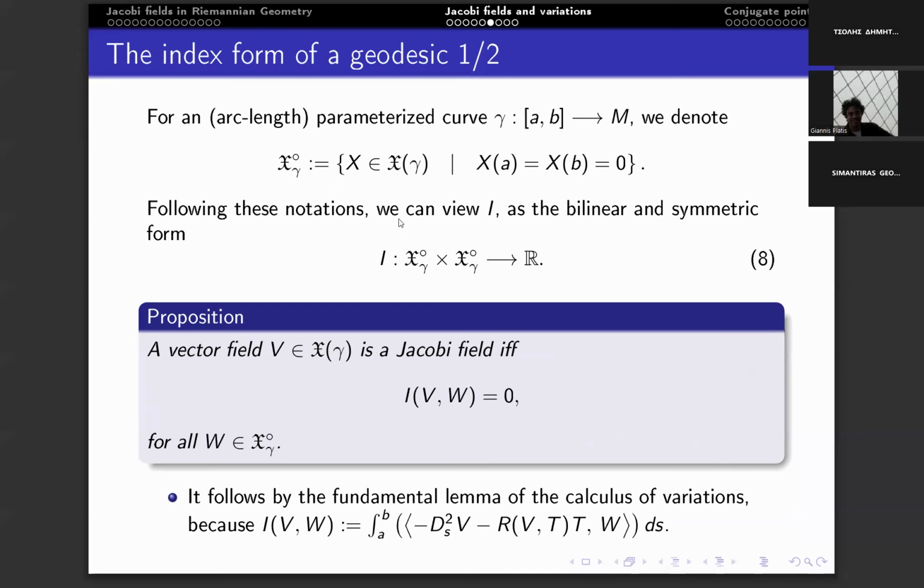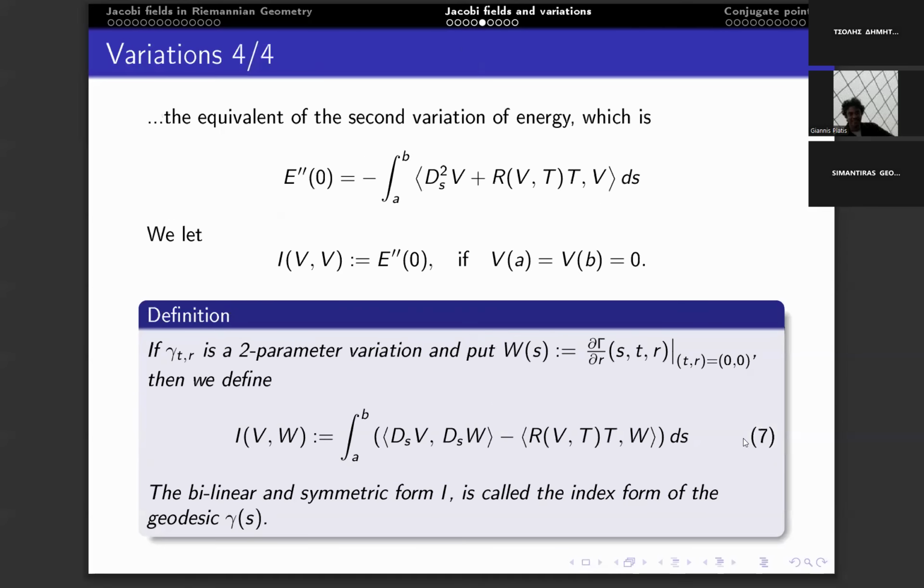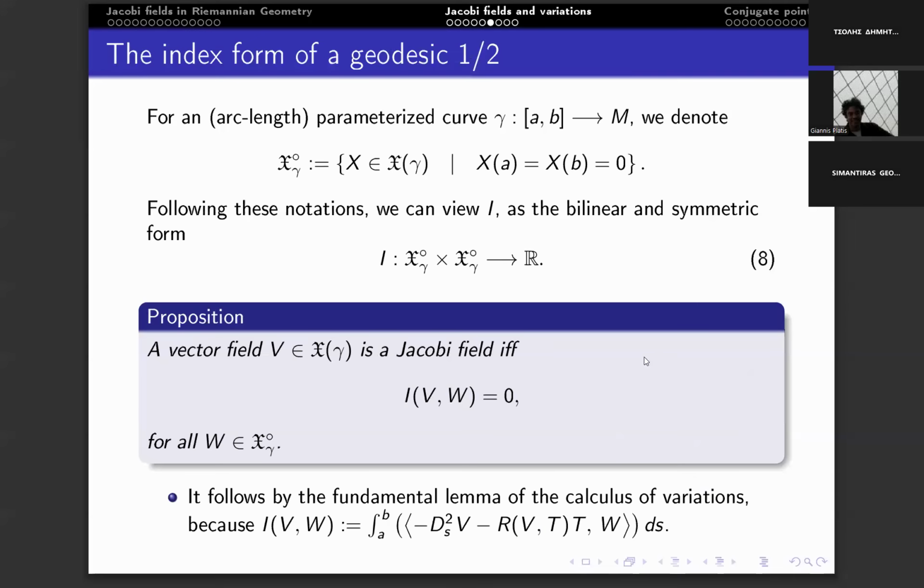And following these notations here, we can interpret the index by using this definition from equation number 7 as a bilinear and symmetric form, by seeing here this definition. And we have a proposition.